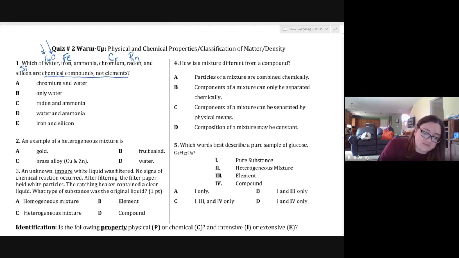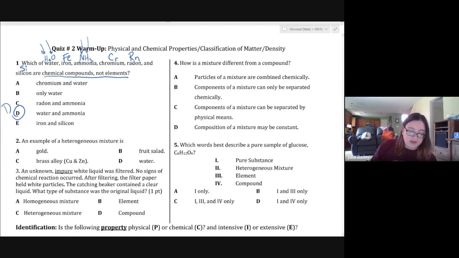I'll tell you, ammonia is NH3. Again, 2 capital letters. You don't have to memorize that that's what ammonia is. That's not really the point of this question. The point is it's not on the periodic table, therefore it's not an element. So your answer choice for which ones are compounds, D.